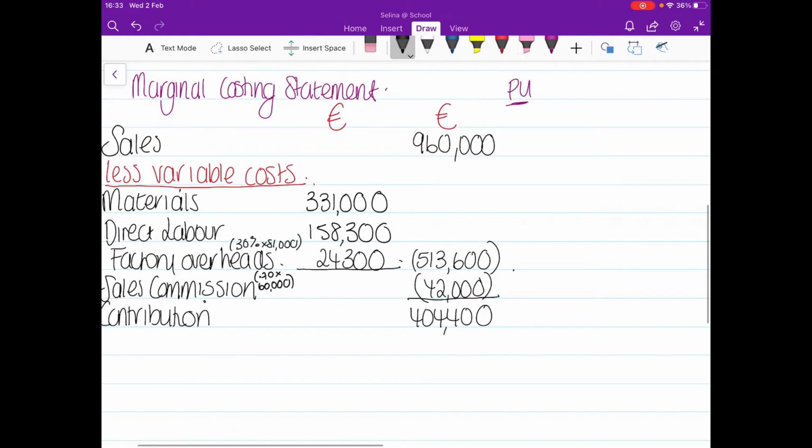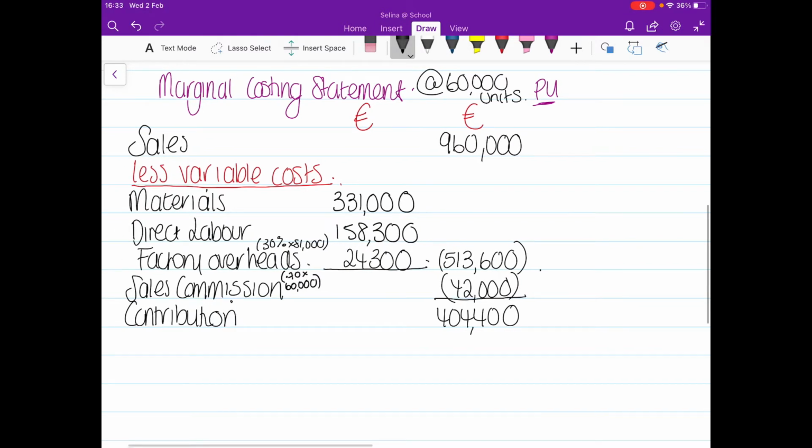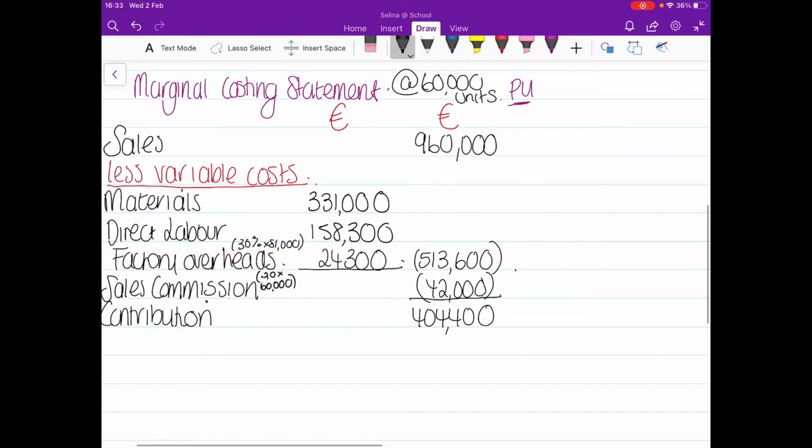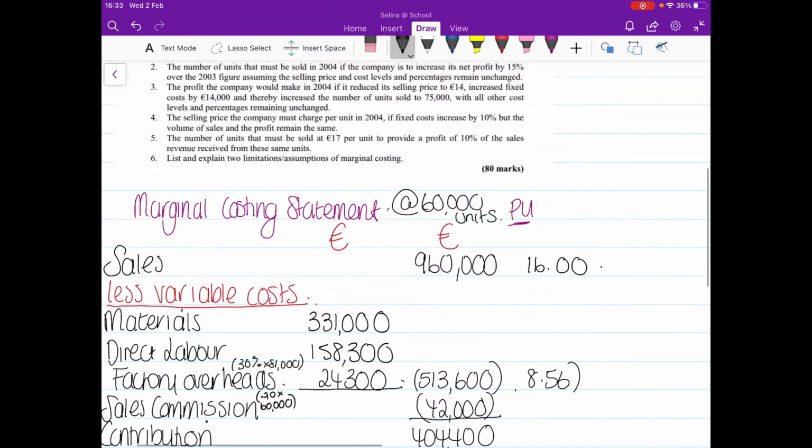Now we're just going to fill in that per unit column. If this is all based on 60,000 units, then to get a price per unit or a cost per unit, we divide all of these figures by 60,000. So my selling price per unit is 960,000 divided by 60,000, which is €16. Then divide your 513,600 by 60,000, and that gives you a cost of €8.56 per unit.